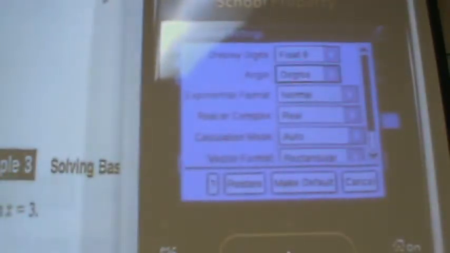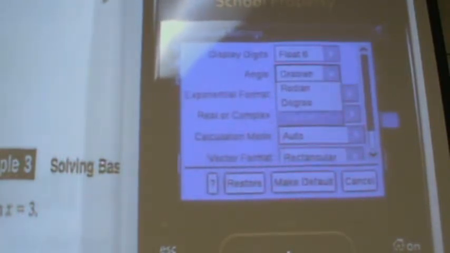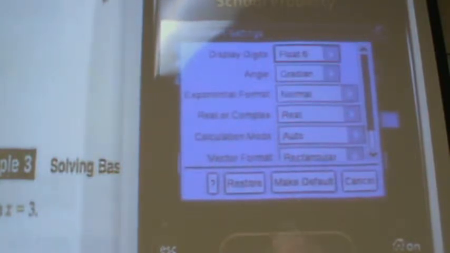Oh, you know what? My calculator turned off. I think mine got switched back. Hit setting, document setting. Yep, see mine switched, my calculator turned off. Mine went back to degree mode. So I want to go back to radians.